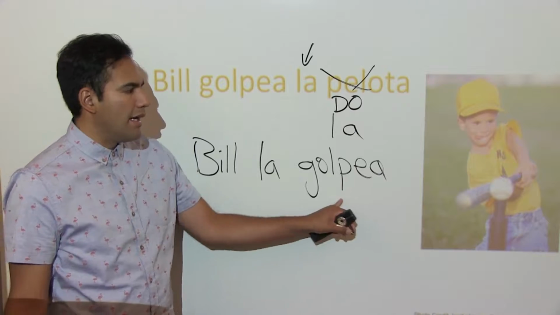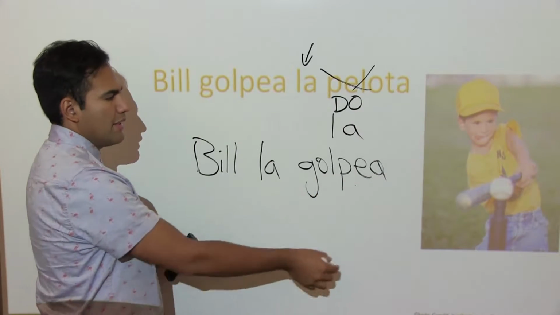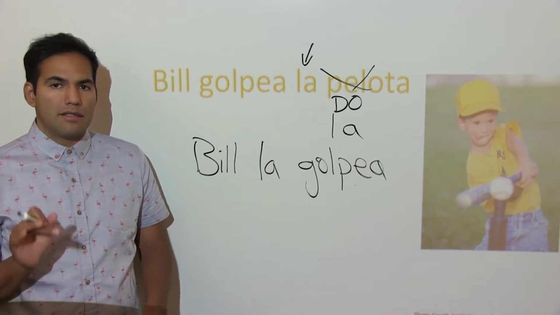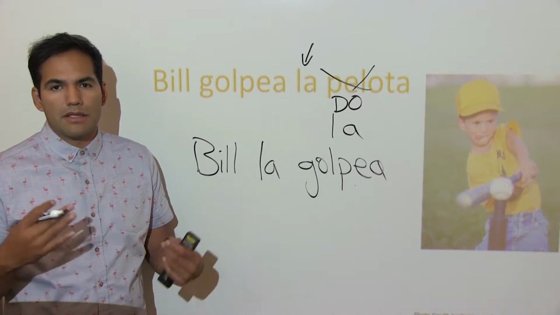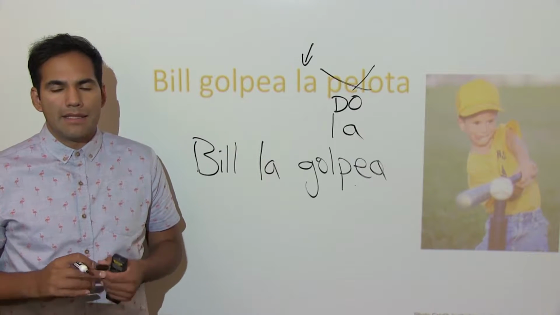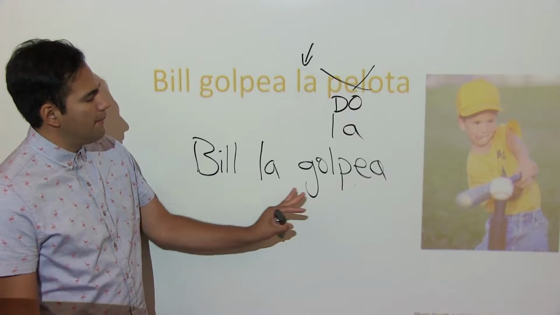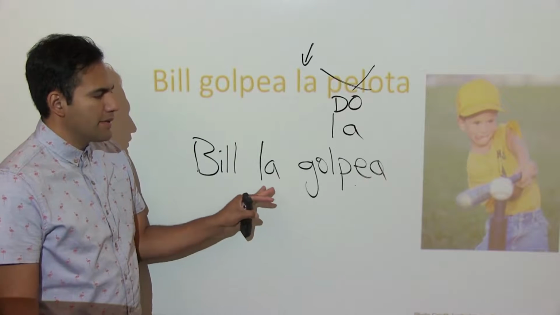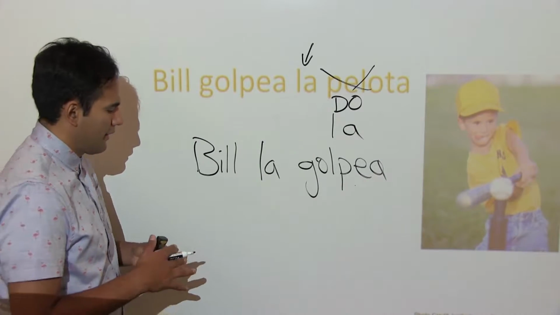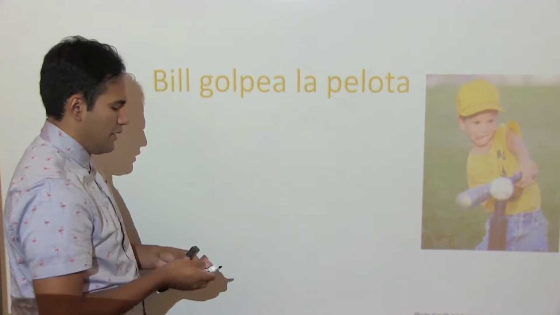Bill la golpea. So basically, Bill hits it. Instead of the it being at the end, you put it before the verb. Like I said, don't worry about this. I have another video where we talk about the placement of the direct object pronoun, and that's going to be very useful for you. But for now, just remember that the direct object pronoun is always going to be before the verb.